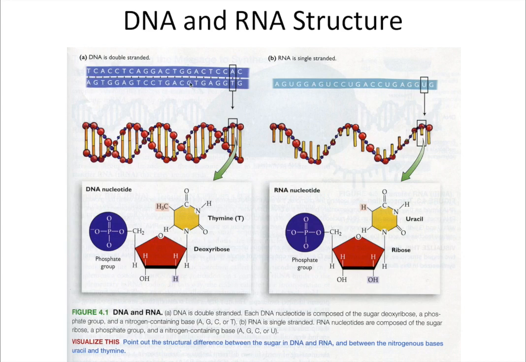So if we look at RNA structure, RNA is ribonucleic acid, and RNA structure is single-stranded. And what you'll notice is in this figure, the RNA structure here is meant to be complementary, as if it were transcribed from this DNA structure.